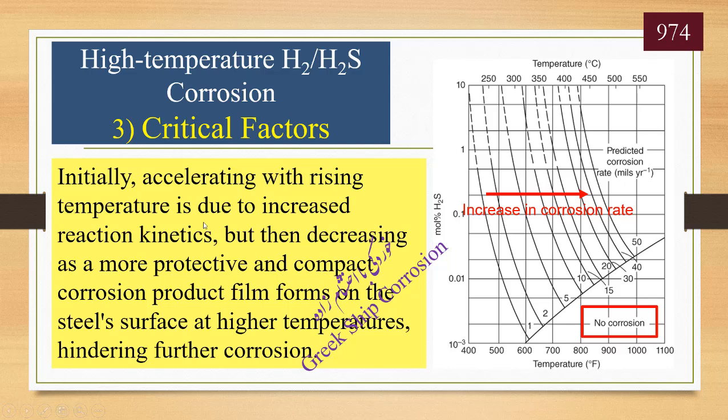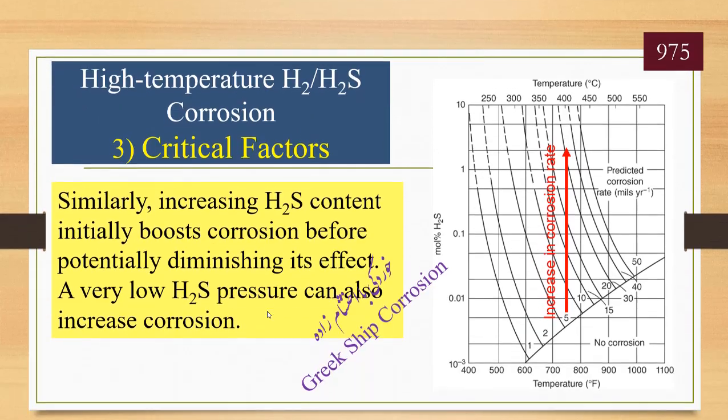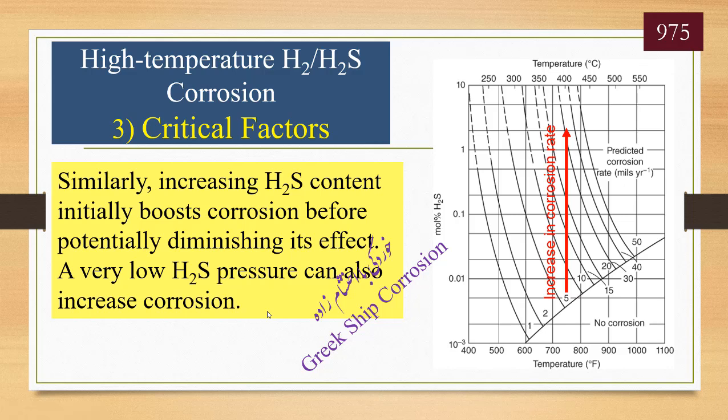Initially, corrosion accelerates with rising temperature due to increased reaction kinetics, but then decreases as a more protective and compact corrosion product film forms on the steel's surface at higher temperatures, hindering further corrosion. Similarly, increasing H2S content initially boosts corrosion before potentially diminishing its effect.